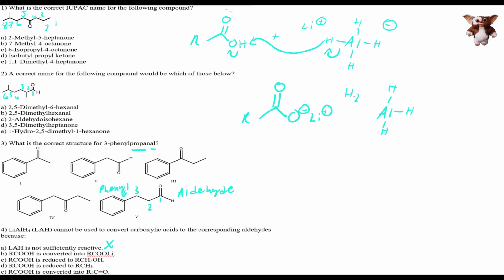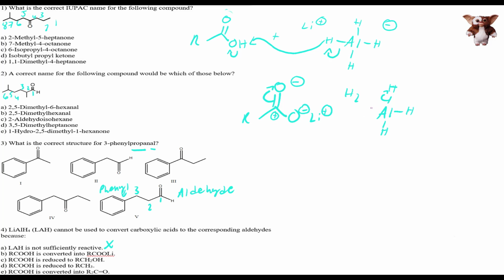So what happens now? What happens now is that this bond right here breaks towards the oxygen. And another hydrogen breaks off from the aluminum. Since this bond right here broke, this is more negative. And since we made a negative, we have to make a positive, right? So this carbon is positive now.